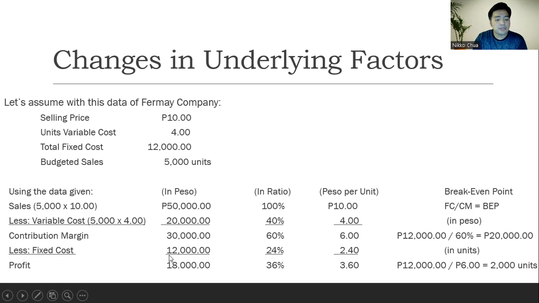Then less the fixed cost 12,000, contribution margin less the fixed cost, that is 12,000, which is 24% in ratio.